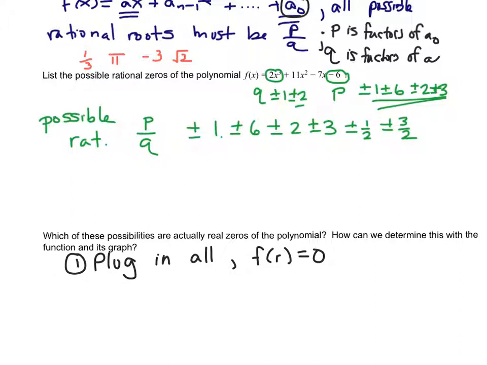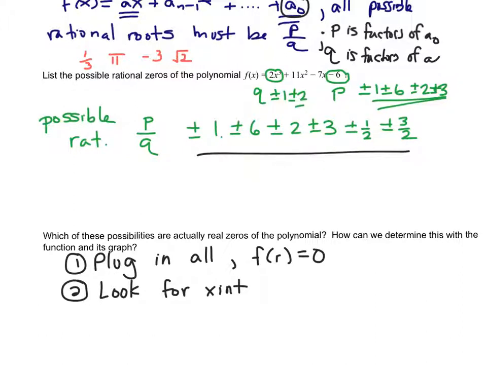That's 12 numbers to plug into the function. So that's kind of a thing that typically we don't do. We used to do it, but now that we have some technology, we do it a little differently. Because with the graph, if you remember from chapter 1, zeros always occur at x-intercepts. So if we look for x-intercepts, and we just have to look at these 12 numbers, those would find the values for our function that are 0.